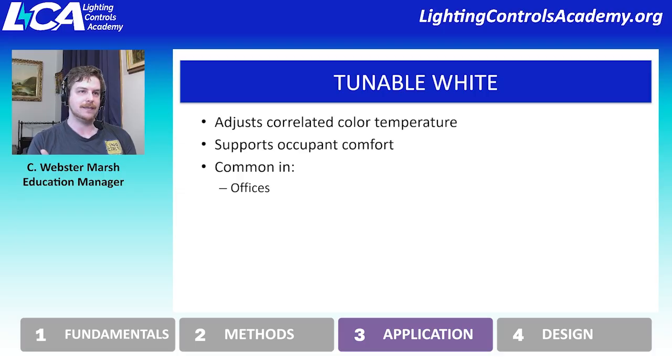So we see it common in offices, healthcare facilities, or education, where the effects of this light will be perceived over time. If somebody's in an office all day long, they will have the impacts of that color change or that tunable white over time. Healthcare, same thing.